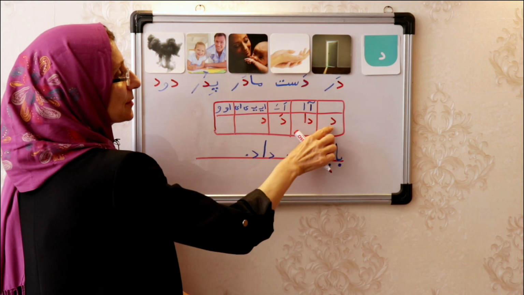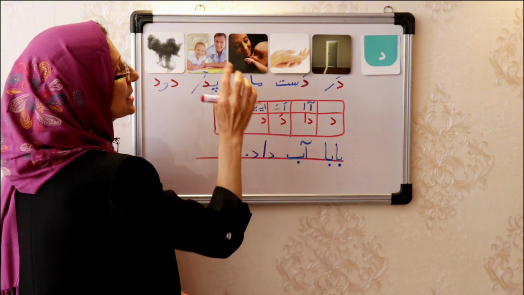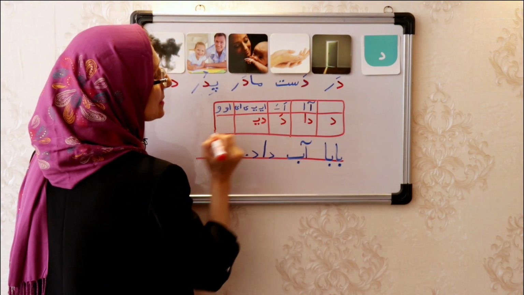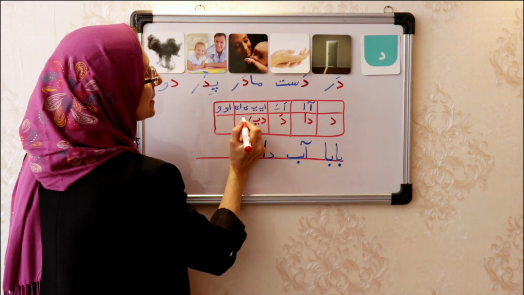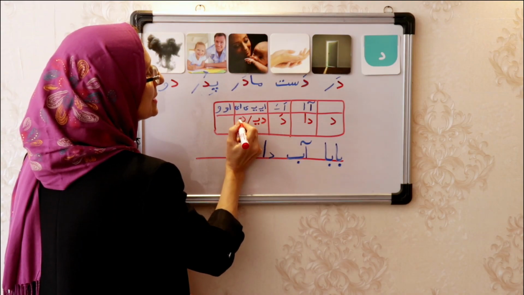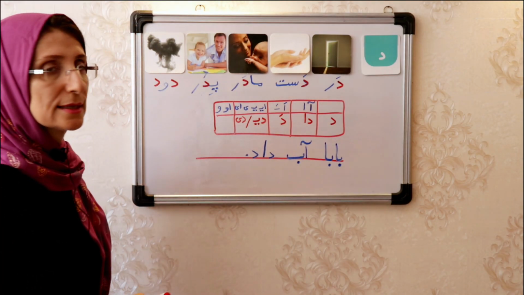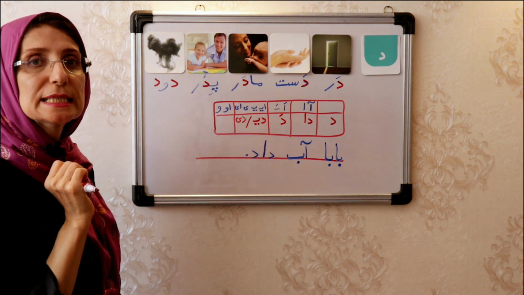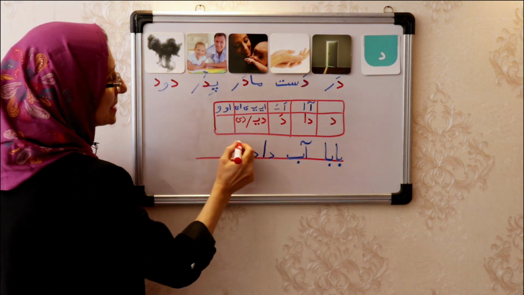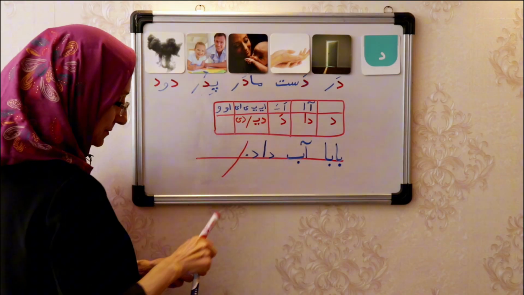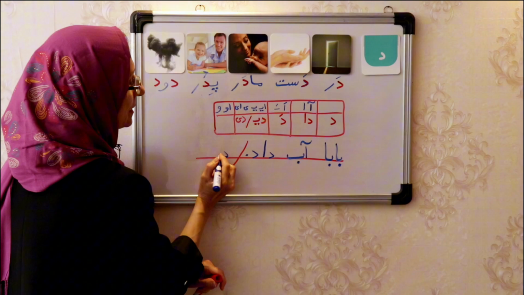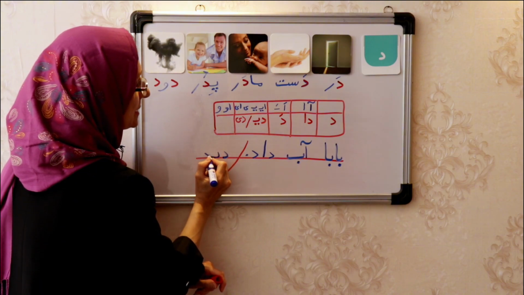د with e will be D. The E will be D. D like deed.